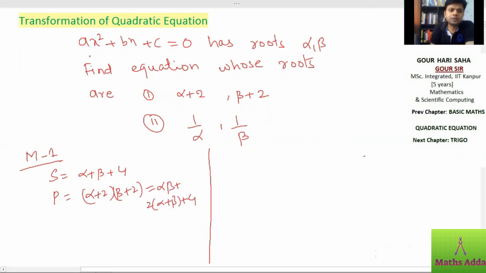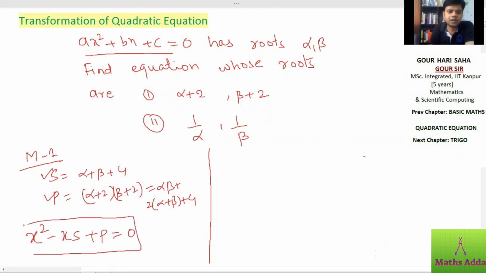Find alpha plus beta from this equation, put it here, find alpha beta, so you can find sum and product, and then use which formula? x square minus x into sum plus product is equal to 0. Put all those values and you get the answer. For that you need to find the sum of roots and product of roots from this one, right?